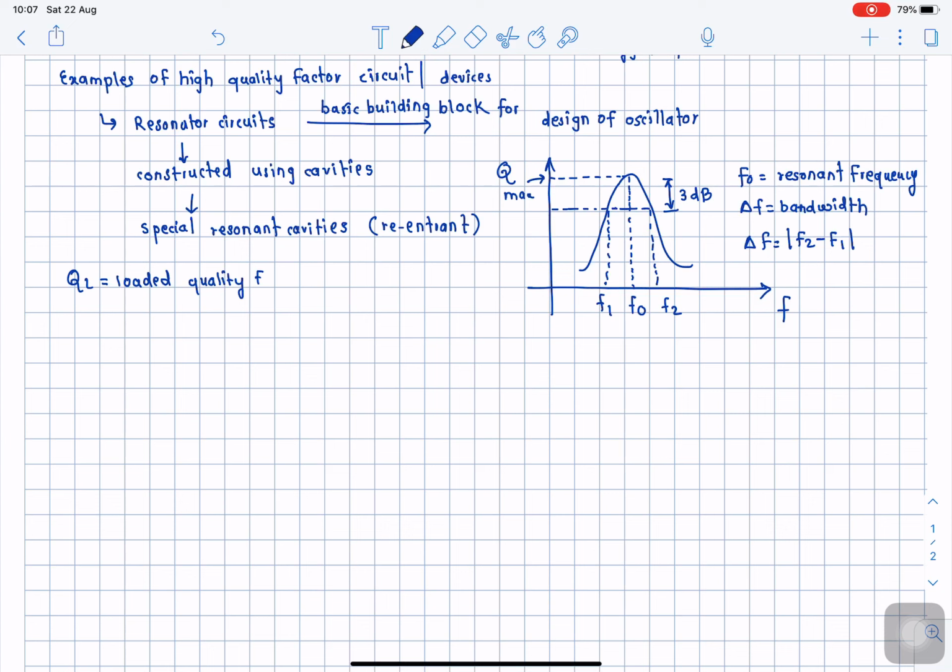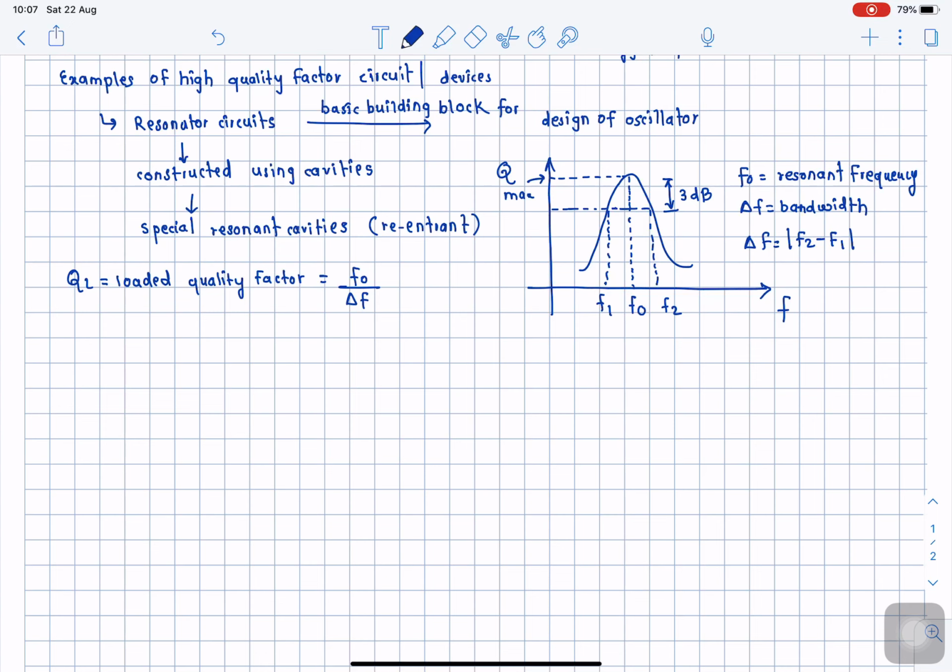How is it given? It is simply the resonating frequency divided by the bandwidth delta f. Remember that the bandwidth delta f is very small. As delta f is very small, the value of loaded quality factor tends to become very high, right?